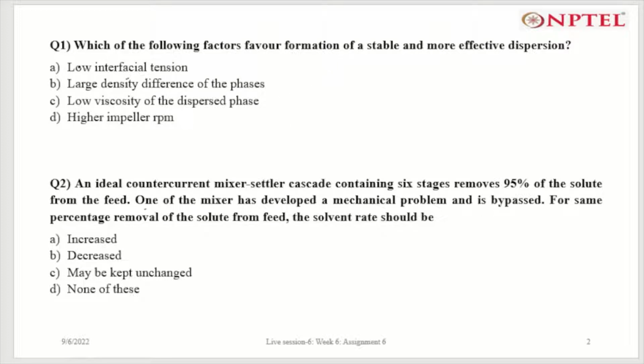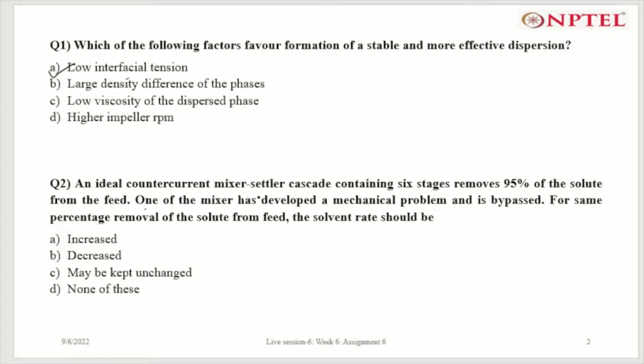All of you know that at low interfacial tension, there is a more stable formation and more effective dispersion. Also, less power consumption is required at low interfacial tensions. So your answer is the answer of question 1.